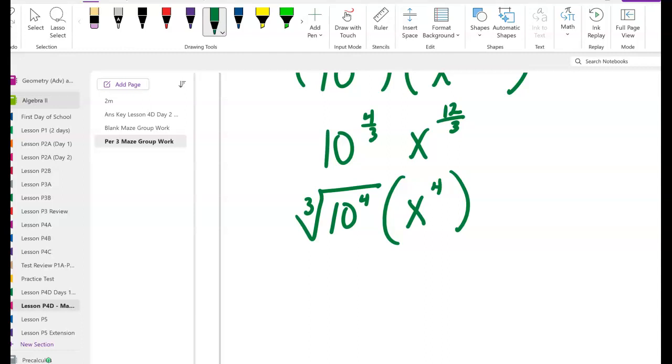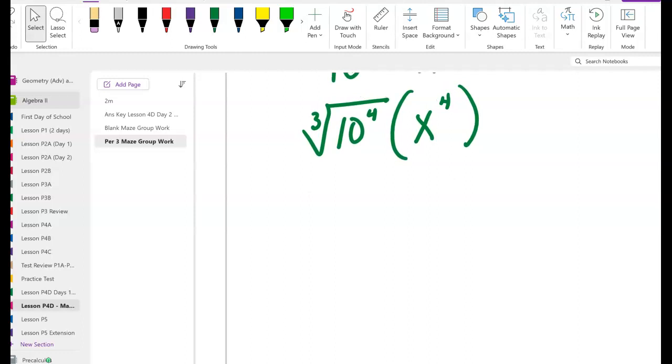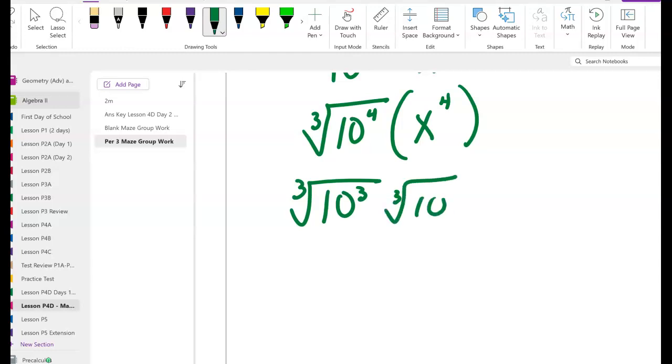But people, can we use exponents to our advantage? Just like we did when we were working with variables, can't I rewrite this as the cubic root of 10 cubed, times the cubic root of 10, times x to the 4th? So are we changing what we're doing? We're just doing our split about what we can take the cubic root of or not.